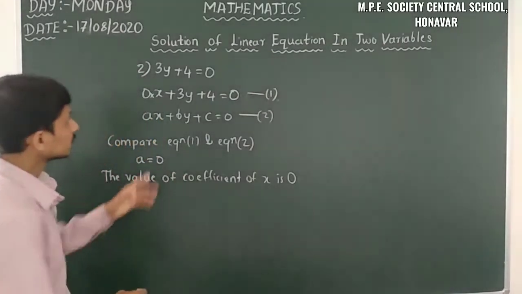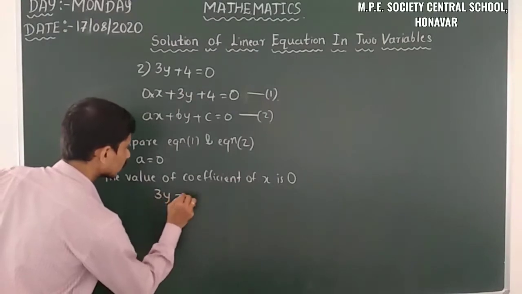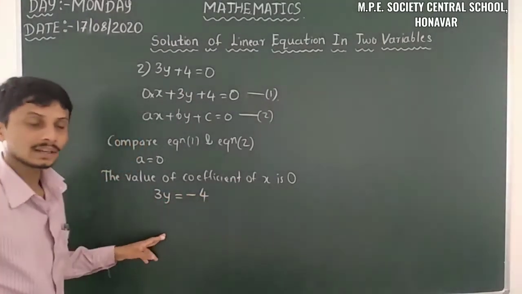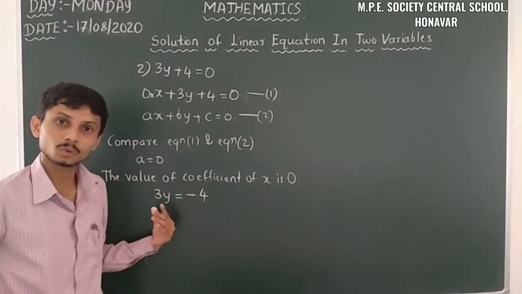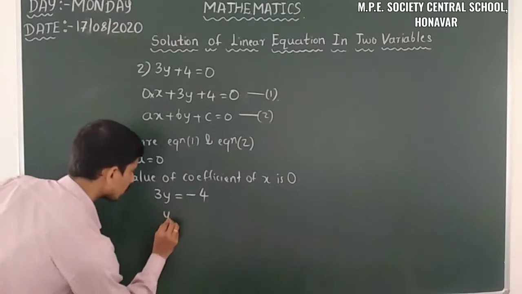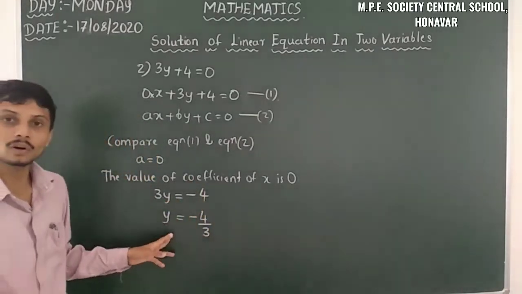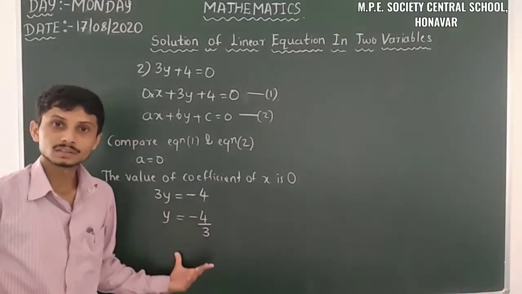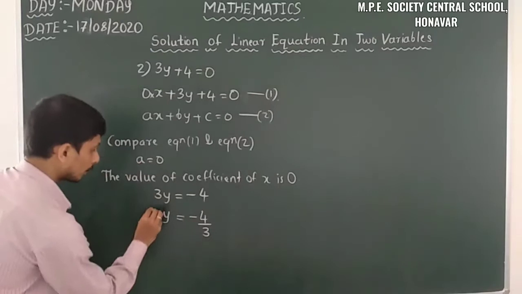Firstly we transpose this 4, that is 3y is equal to minus 4. Then we transpose the coefficient of y to the RHS side. That becomes y is equal to minus 4 by 3. That means the y coordinate of this equation is minus 4 by 3.